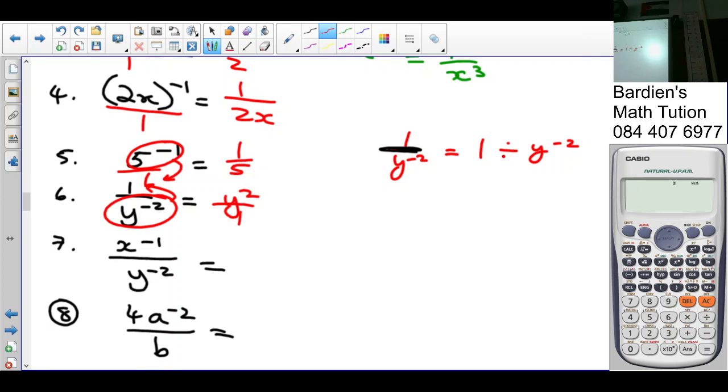We just did it in the previous section. Is that not 1/y squared? Yes? So that's going to be 1 divided by 1/y squared.